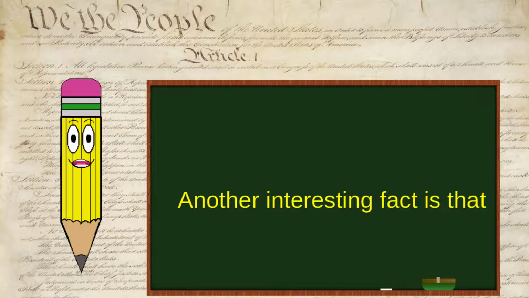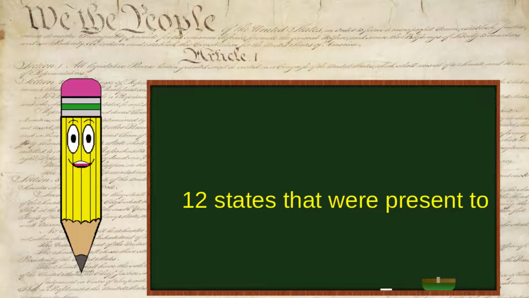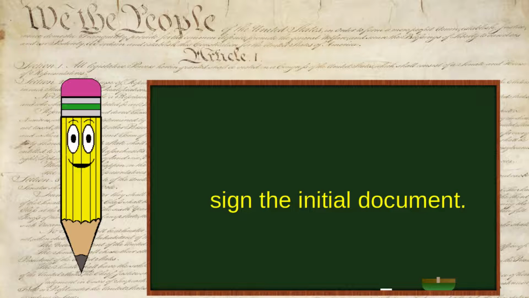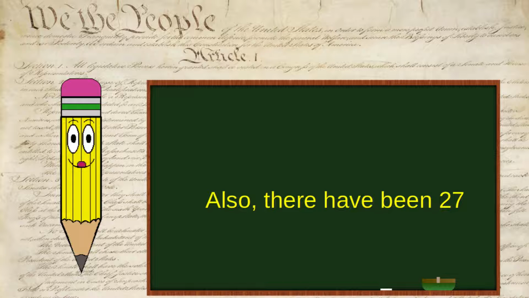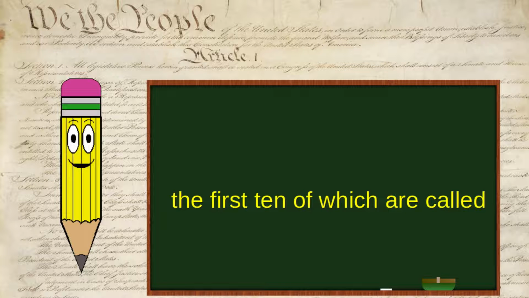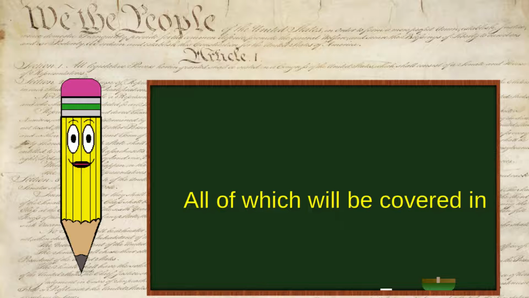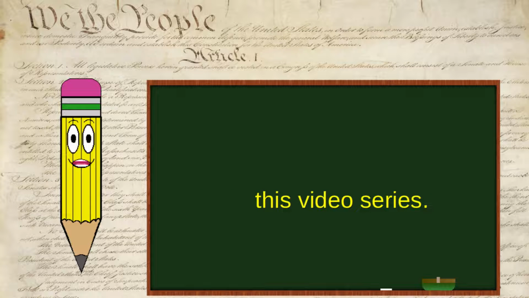Another interesting fact is that there were 39 delegates from 12 states that were present to sign the initial document. Also, there have been 27 amendments to the Constitution, the first 10 of which are called the Bill of Rights, all of which will be covered in this video series.